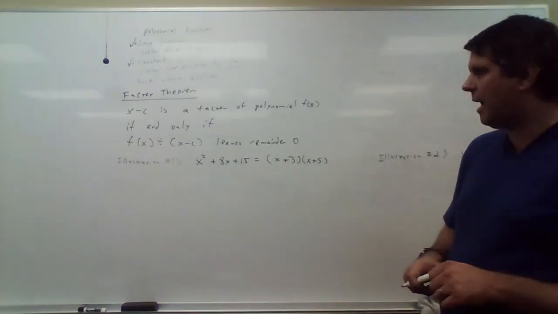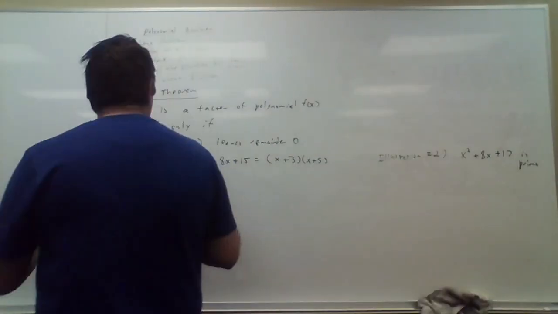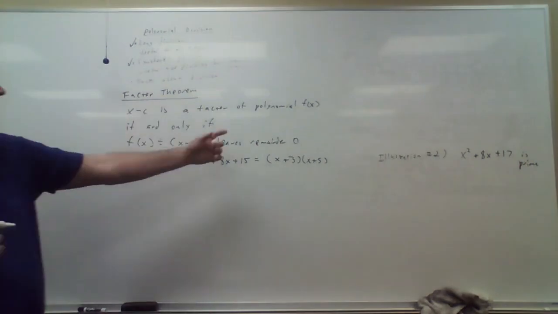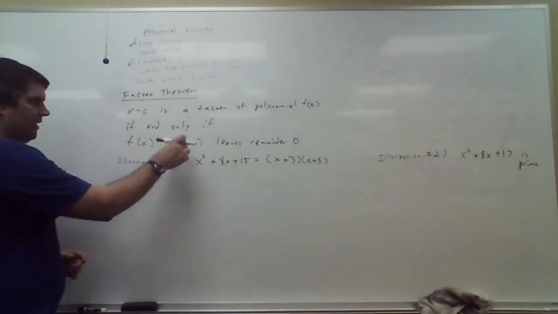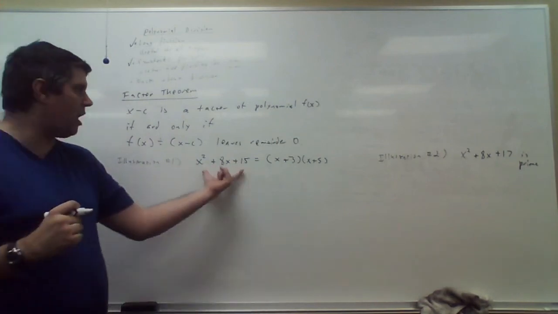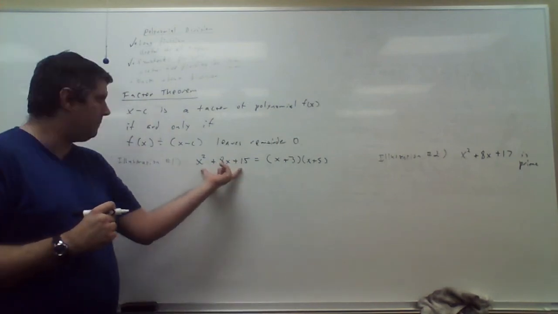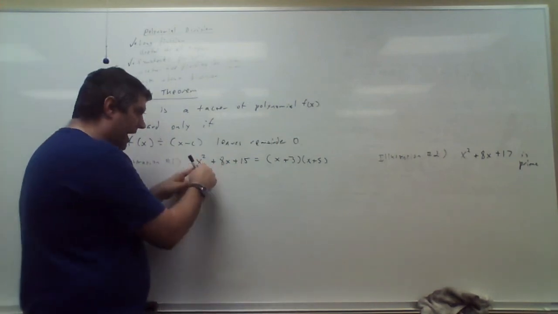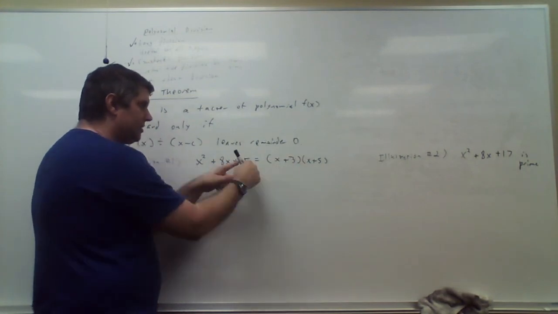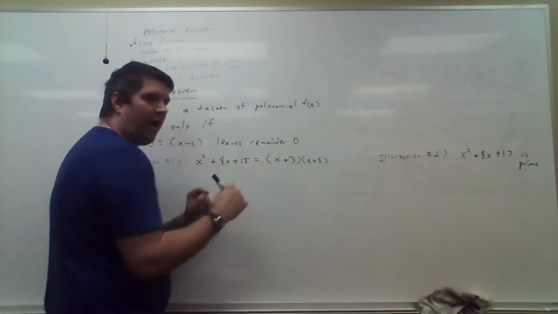Next thing. I'm also going to discuss something called the factor theorem. X minus c is a factor of polynomial f of x if and only if division leaves a remainder of 0. So, for instance, we know that this is factorable because x squared gives you x and x, and 2 factors of 15 that add up to 8 are 3 and 5.